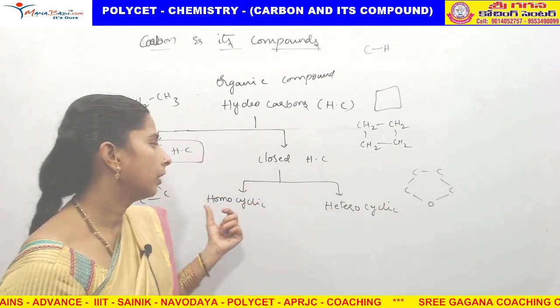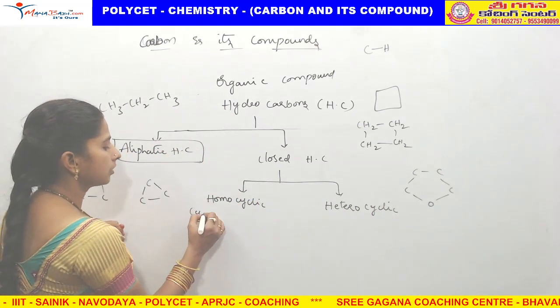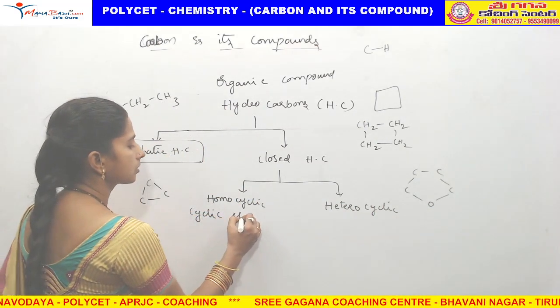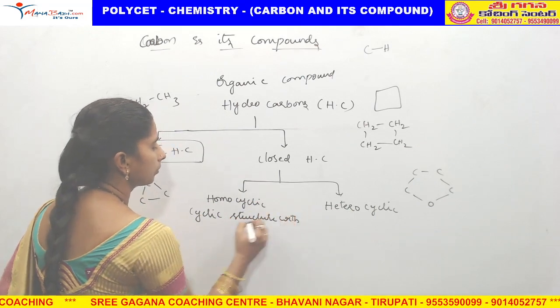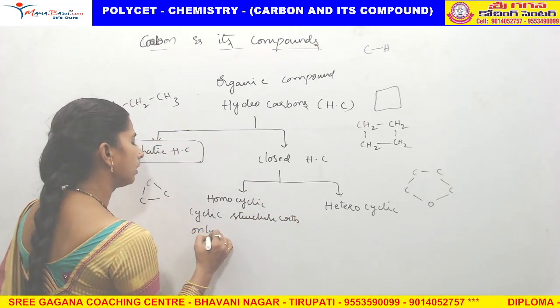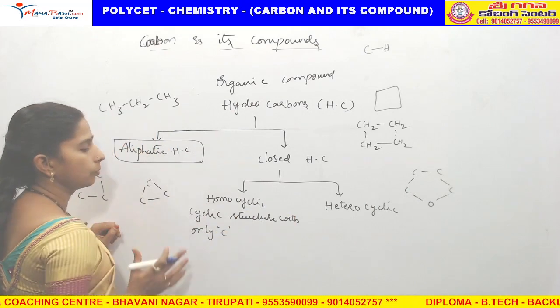So, if the cyclic structure has only carbons, that is homocyclic.